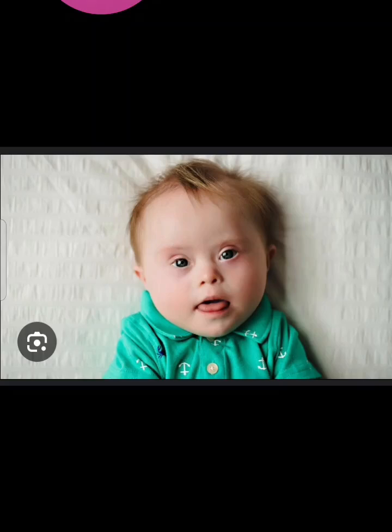Then about the autosomes, we have 44 chromosomes that we name from 1 to 22. So there are 22 autosome pairs, one set from mother and one from father, altogether 44. With that 44 and the additional 2 sex chromosomes, we have altogether 46 chromosomes. Why I explain all this is I want to tell what is trisomy.